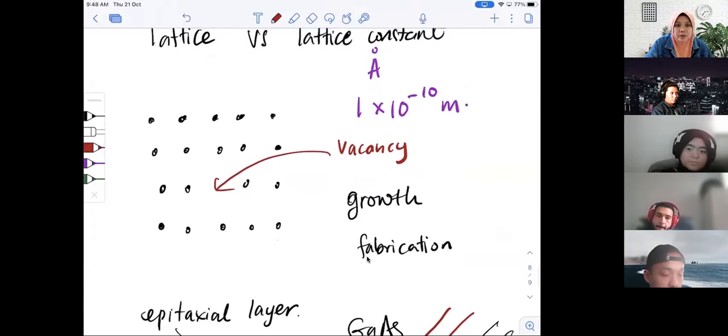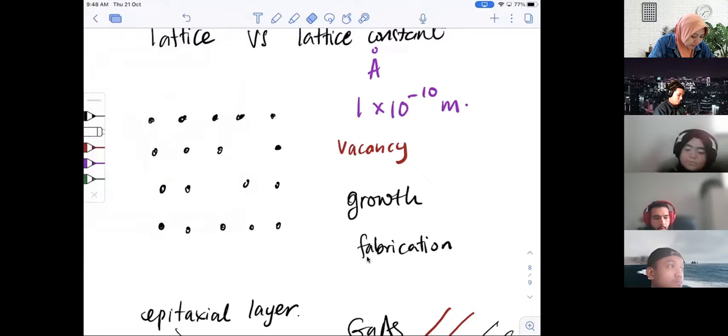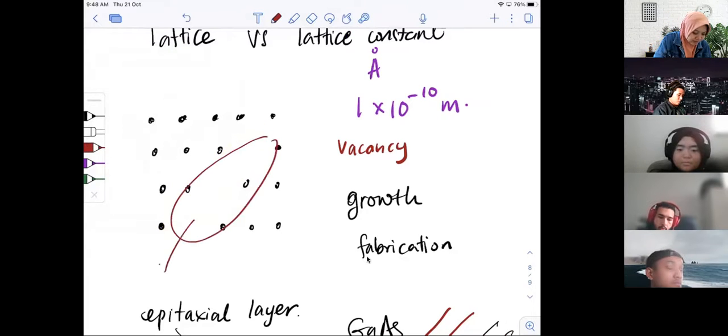So going back to defects, this is called a vacancy defect. Another type of defect is not only one atom missing, but a line of atoms missing. You can see here there's a line of atoms missing, and we call it a dislocation.